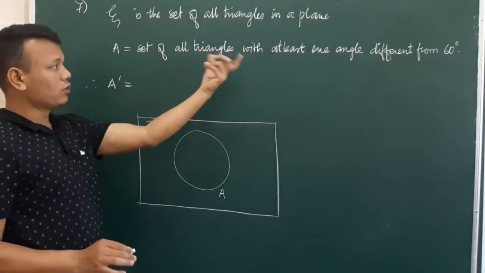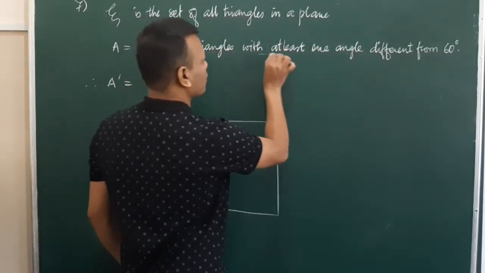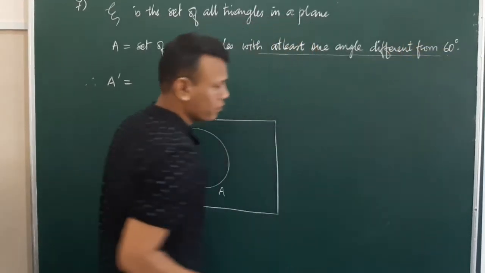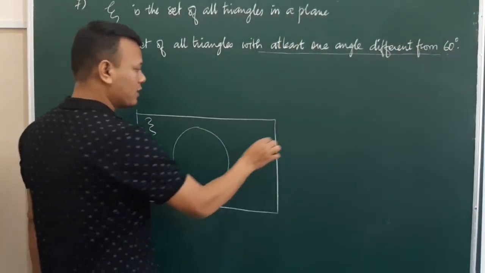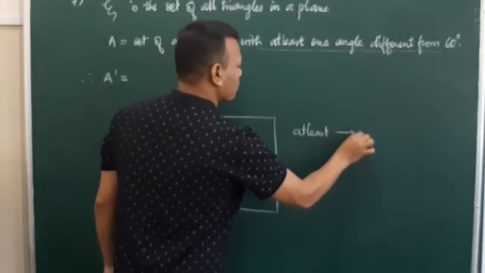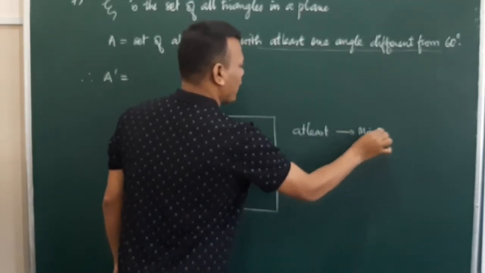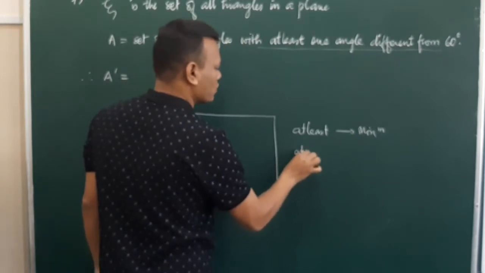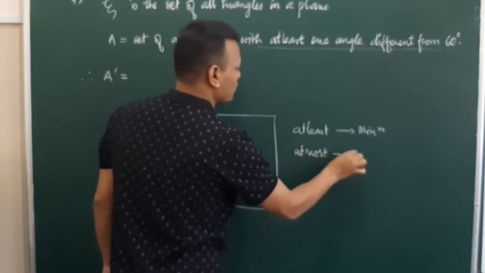Now let's try to understand what is the meaning of this. Remember, at least means minimum, and at most means maximum.